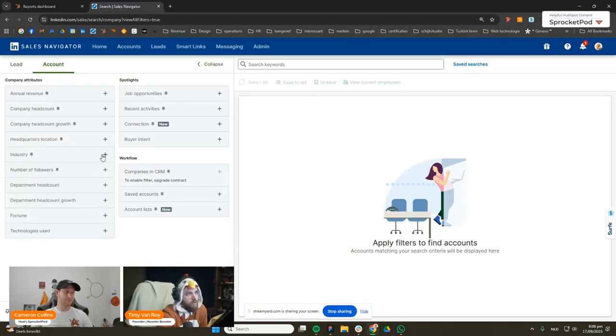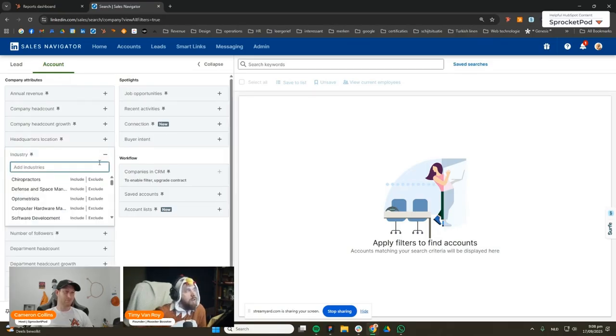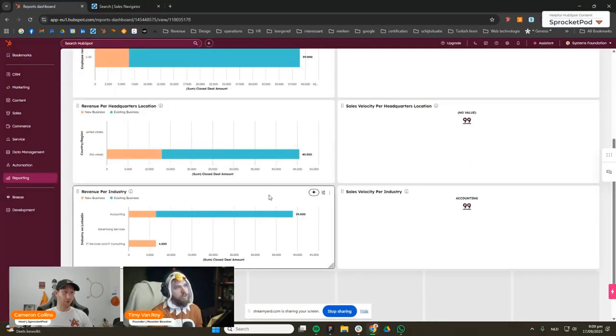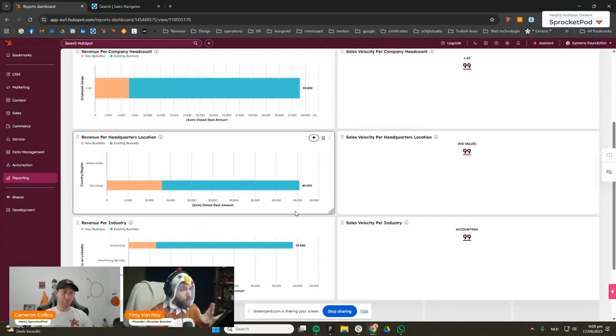And for industry, because LinkedIn follows NAICS, while HubSpot industries are a little bit different, the industry property of HubSpot doesn't match the LinkedIn properties. So I created a separate property for LinkedIn, so I can mix and match the companies and make a complete data-driven picture of who our ICP is.